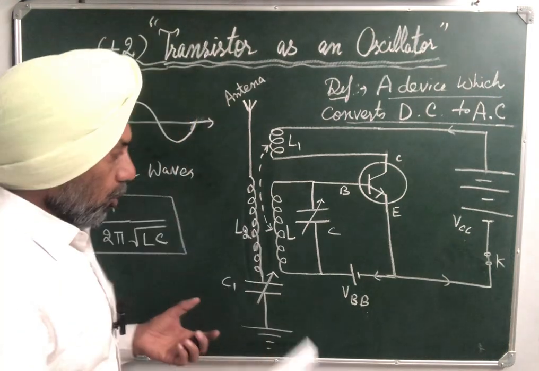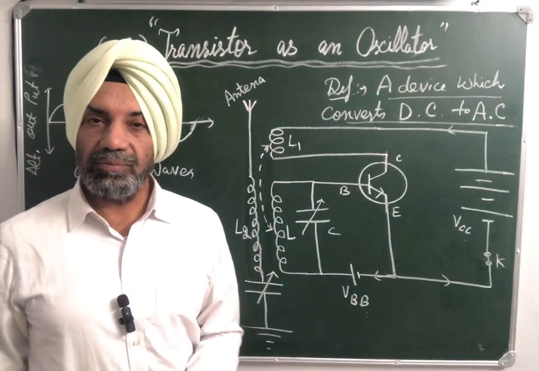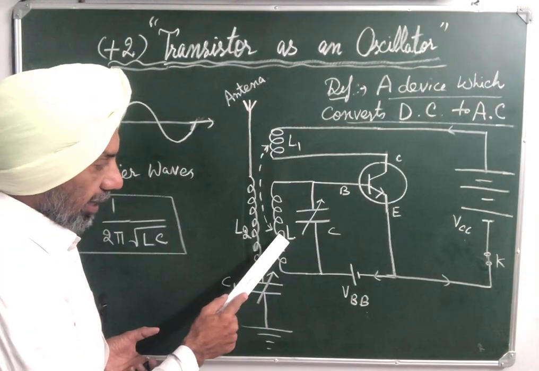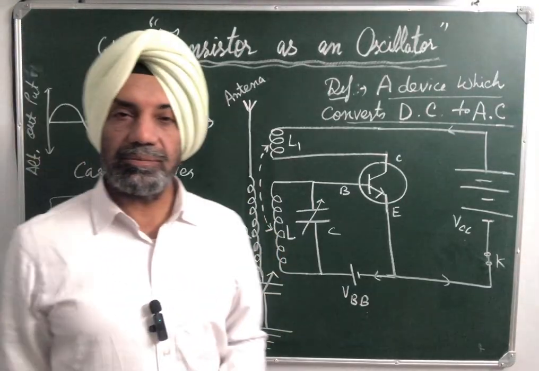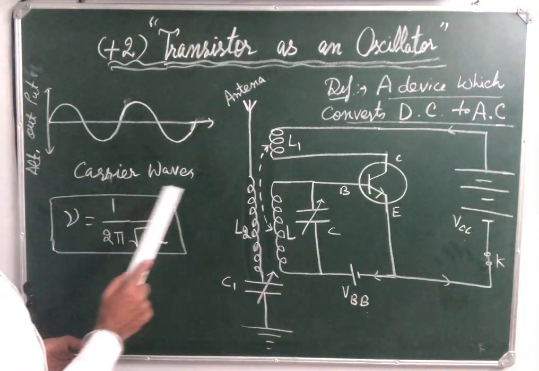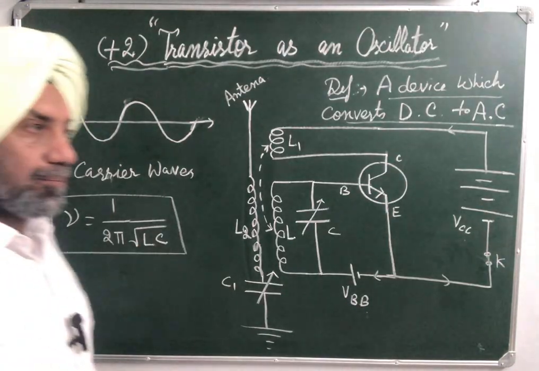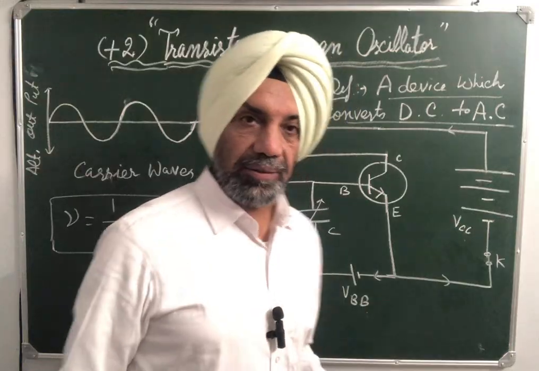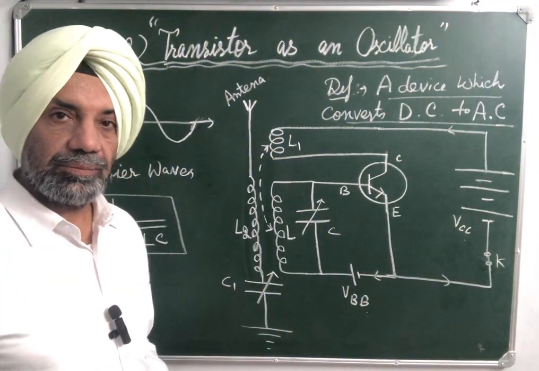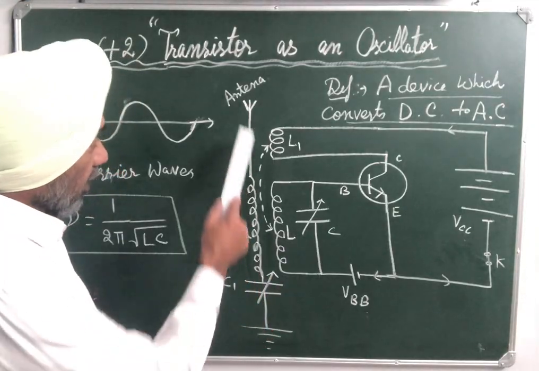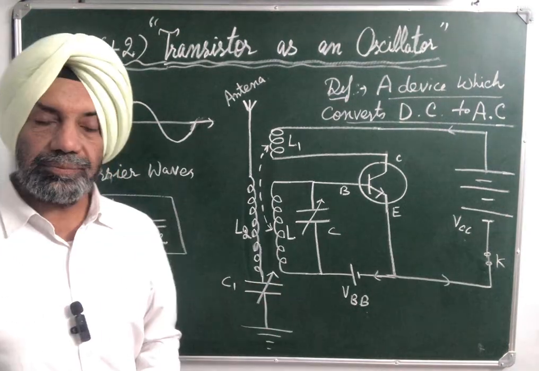It means that due to the charging and discharging action of the capacitor, this tank circuit containing inductor L and capacitance C starts oscillating with a frequency of the order of nu equals 1 by 2 pi under root LC. This circuit starts oscillating. Now these oscillations are communicated to the antenna through inductor L2 and variable capacitor C1.